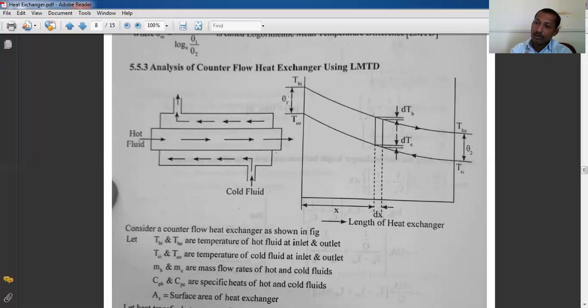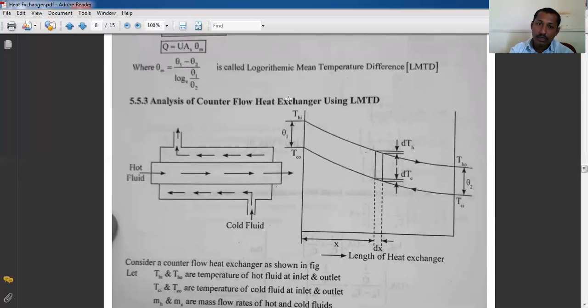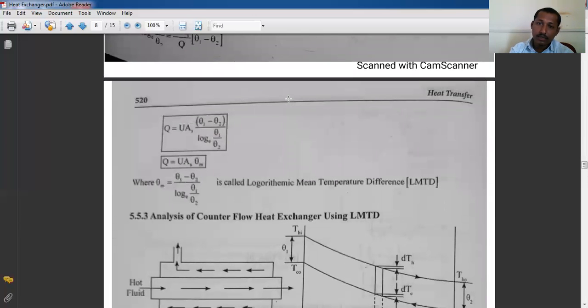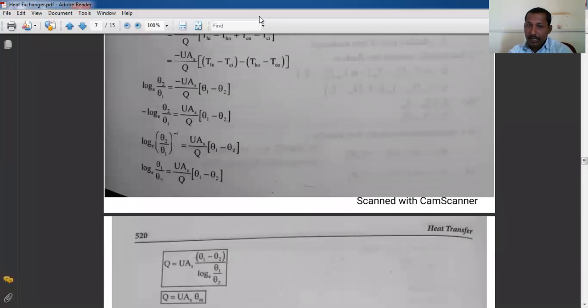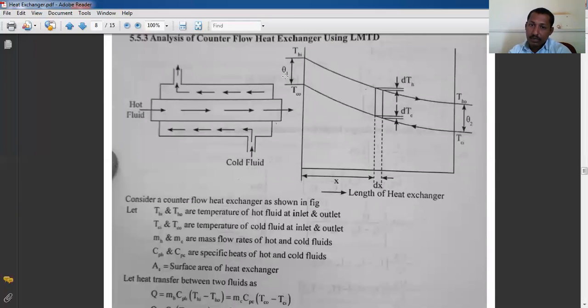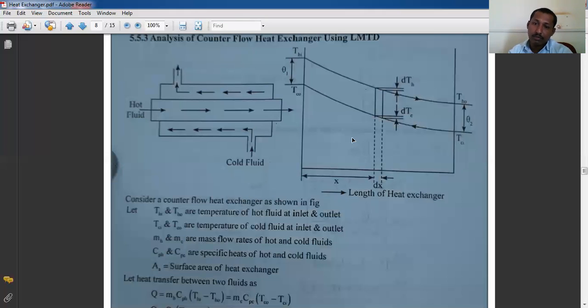In the previous case, theta 1 was Thi minus Tci, theta 2 was Th naught minus Tc naught. Now in this case, theta 1 is equal to Thi minus Tc naught, theta 2 is equal to Th naught minus Tci. This is the difference in theta 1 and theta 2. Remaining will be the same as it is.